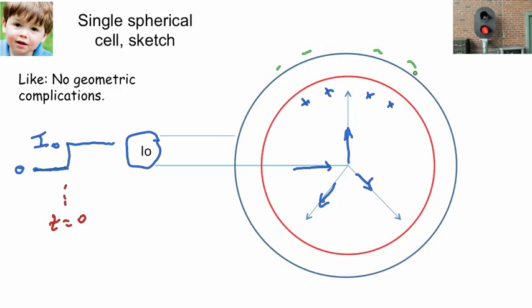And the two electrodes are both spherically symmetric. The one in the center, which is just a point, and the one on the outside, which is this containing sphere.